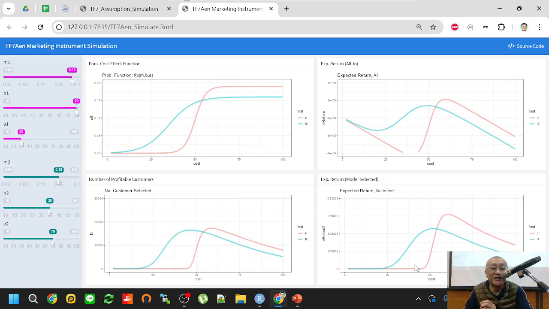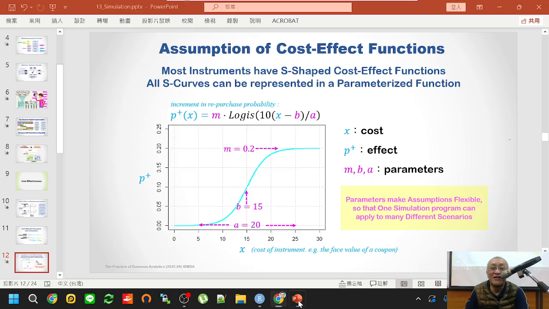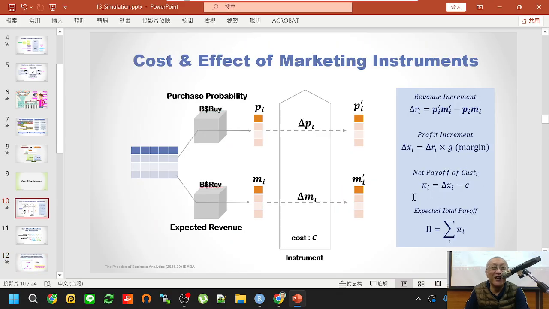First of all, because we want to maximize our expected return, if we do have an instrument and the S curve is like this, we actually can do some calculation based on this logic.